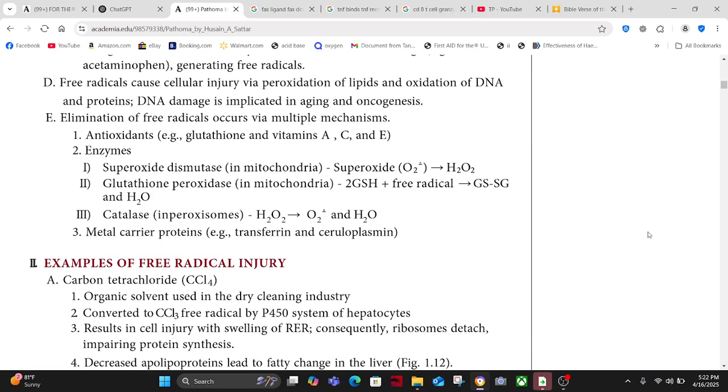DNA damage is implicated in aging and oncogenesis. Elimination of free radicals occurs by multiple mechanisms. The first one is antioxidants and glutathione, vitamins A, C, and E. Enzymes: superoxide dismutase in the mitochondria, and glutathione peroxidase in mitochondria.